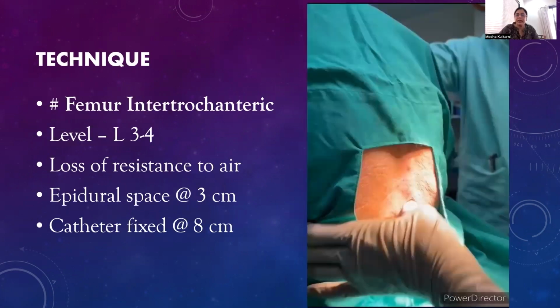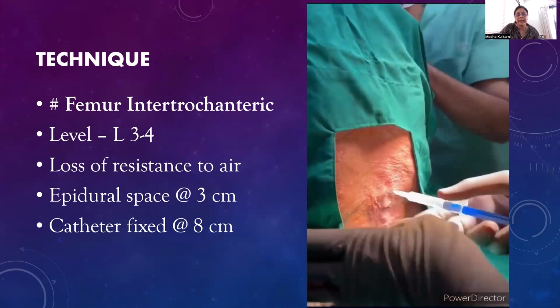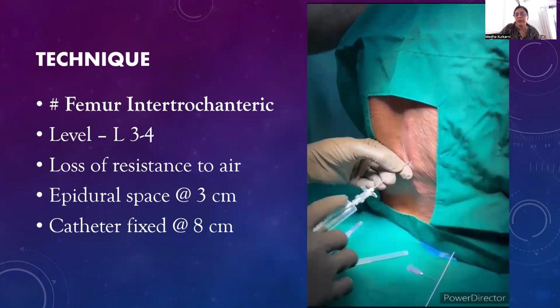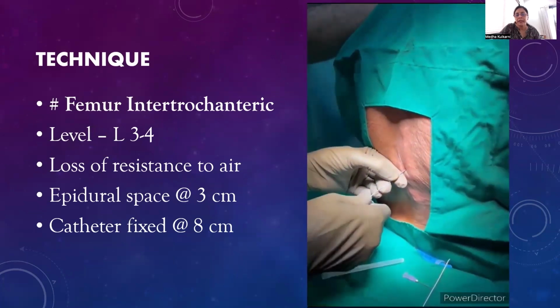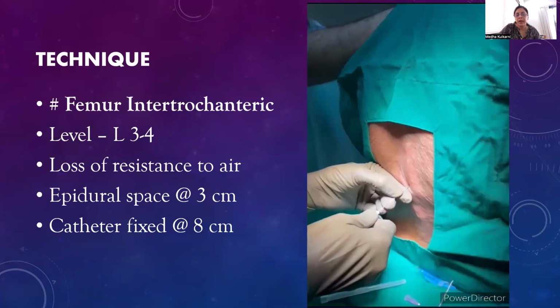So now we'll just see a short video to show the technique of the epidural anesthesia in the lumbar region. So this was a case of intertrochanteric fracture of the femur to be done under spinal epidural anesthesia. The level which was selected was L3-4. Local infiltration was done, and an epidural needle, a Tuohy epidural needle, was used with loss of resistance for air.